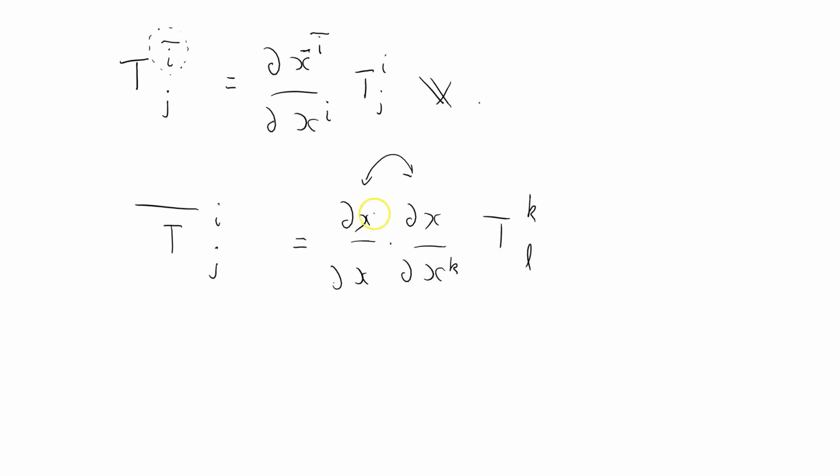That l sums with that l there, that i is that i in the barred frame, so that's a bar, that j is that j there, so that's barred. And of course this is all summed over l and k. So it's a nice linear transformation. That's how I'm going to do it, and I'm not going to use this.